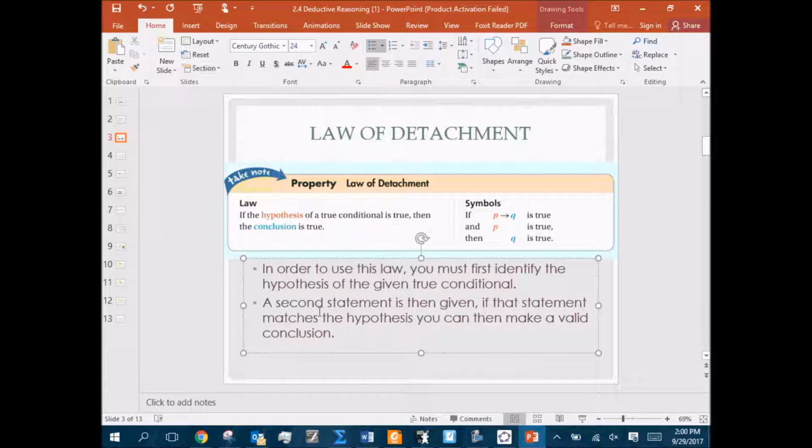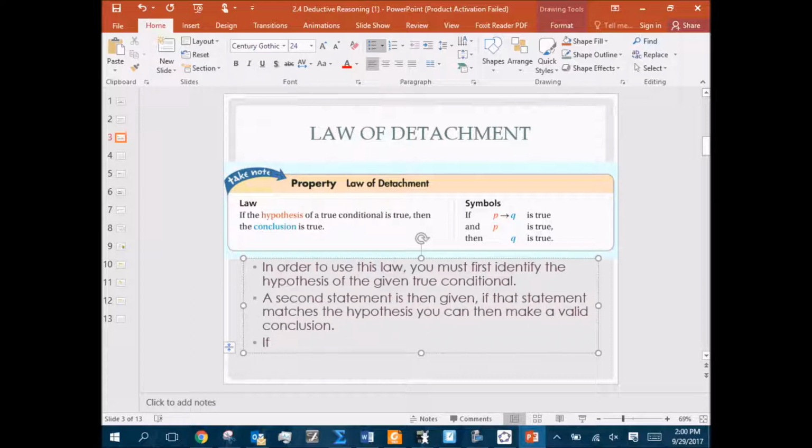Let me give you a conditional statement that says if it is Wednesday, then it will rain. Okay? If it is Wednesday, then it will rain. And I tell you that the Weather Channel told me it's a 100% chance it's going to rain Wednesday. So that's why I came up with that condition. I say that's a true conditional statement. If it is Wednesday, then it will rain.